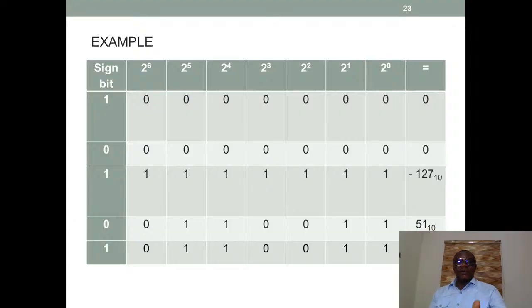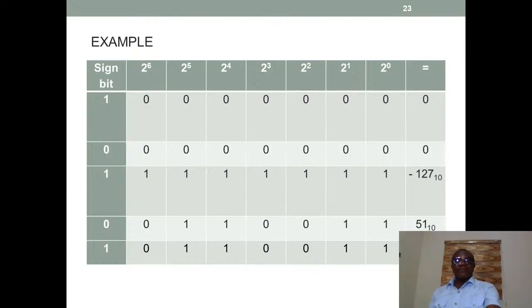If you look at the second one, 0 as the most significant bit is used to represent that the number is positive. The first one is minus 0, because the most significant bit is 1, but because we don't normally write minus 0, that is why it is 0.